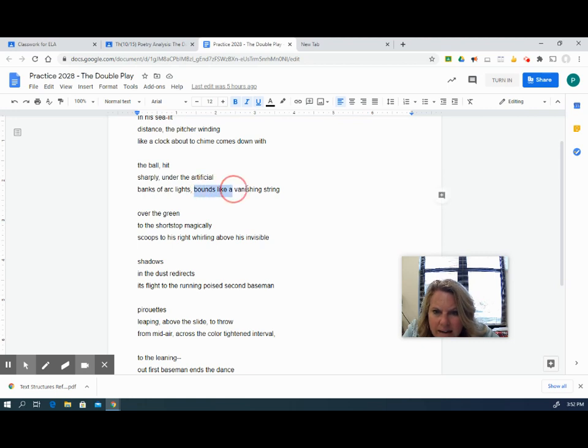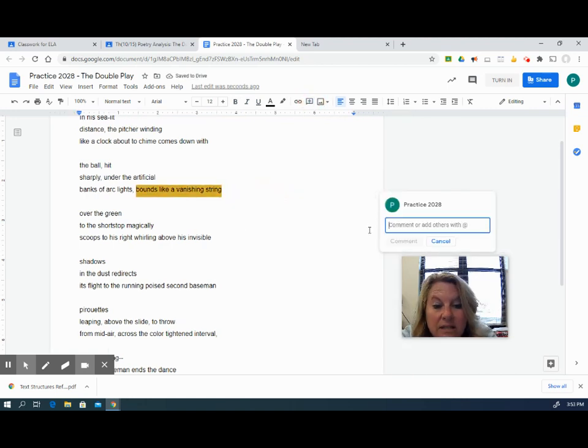I might highlight "bounds like a vanishing string" and insert a comment that I noticed that this is a simile.